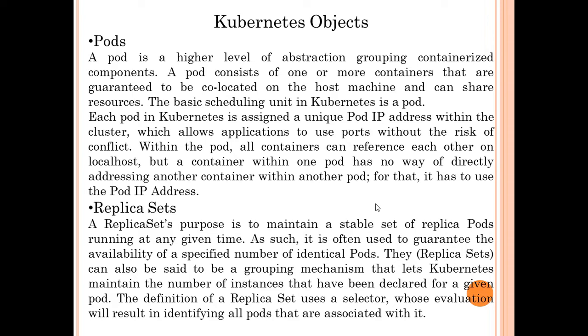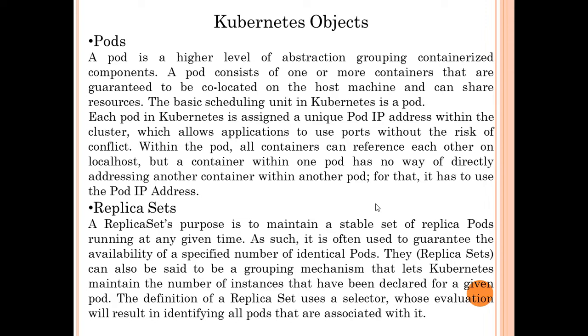All the containers inside a single pod will be able to interact with each other, but one container in one pod will not be able to interact with a container in another pod. Let me elaborate it once again.